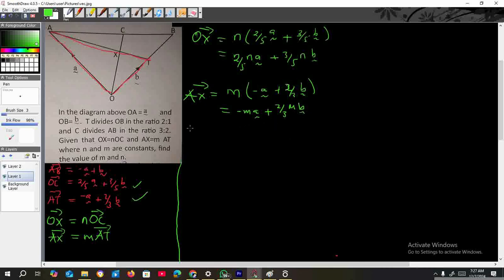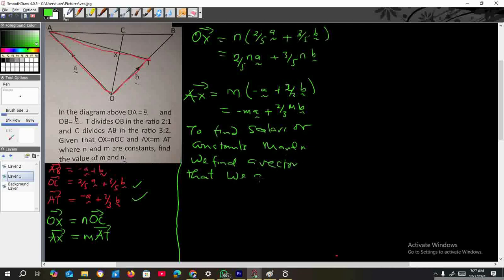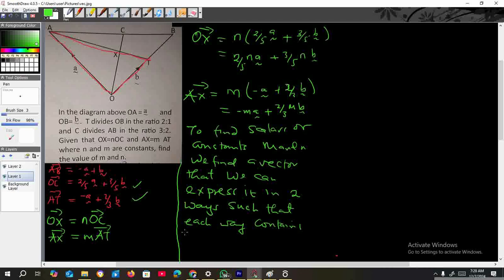Now, to be able to find scalars or constants, M and N, we find a vector that we can express in two ways, such that each way contains the two scalars.